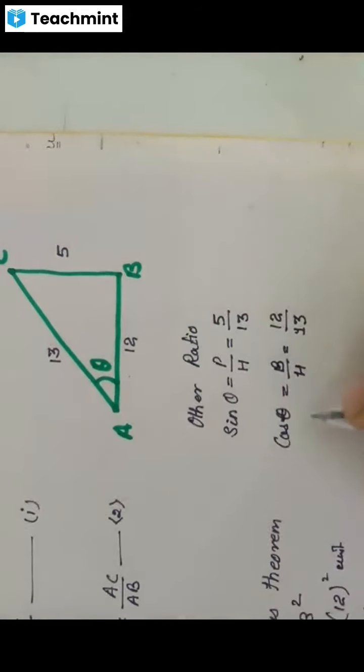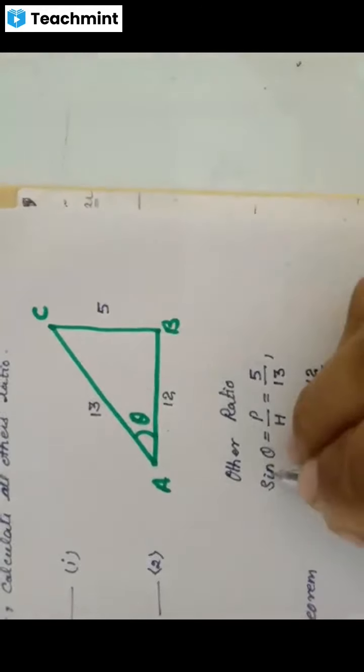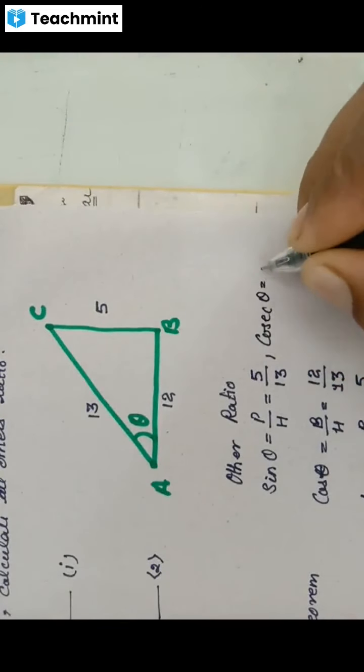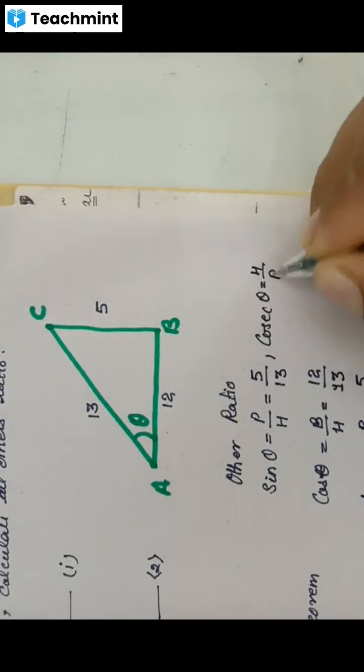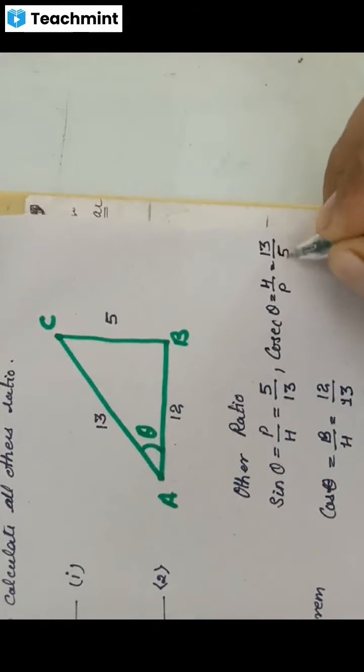Are you getting it? Then we have tan theta. So tan is perpendicular upon base. Therefore perpendicular I have 5 and base we have 12. It is clear. Now the reciprocal of sine, that is cosec theta, is equal to hypotenuse upon perpendicular. That means it is 13 upon 5.